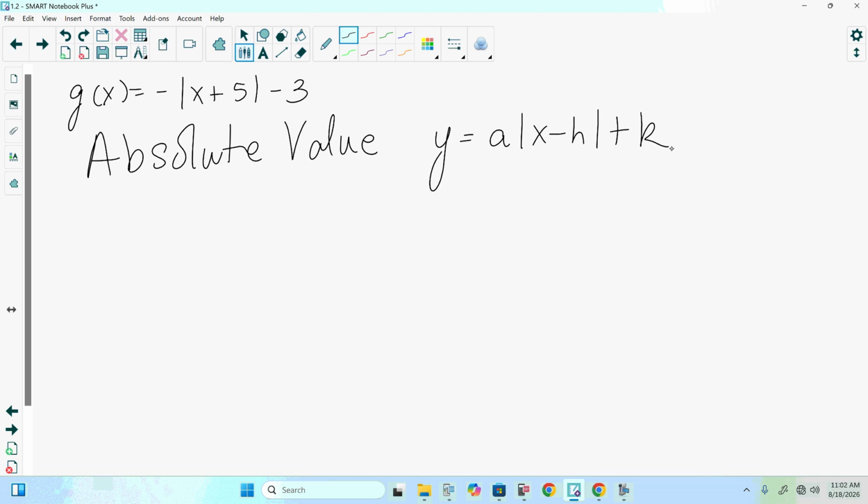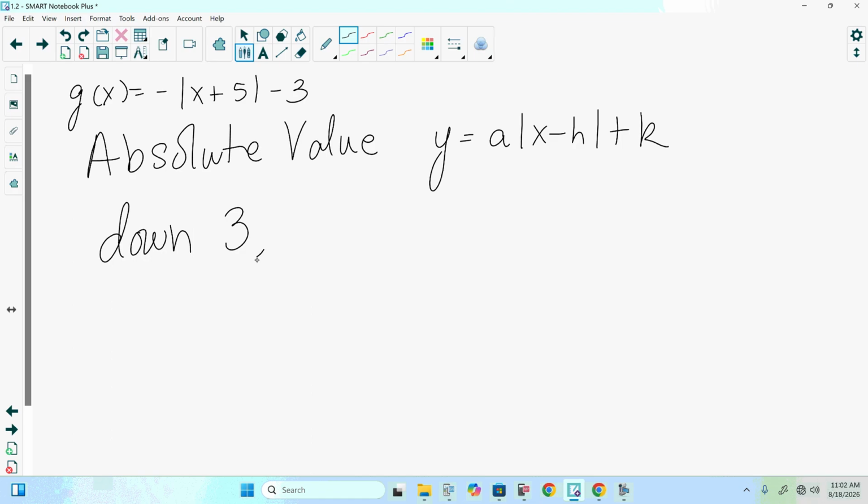Do we have a value for k? Yeah, so that's telling it's moving the graph up or down by how far? Down 3, because it's minus 3. Up and down is nice because it's exactly what it looks like. Since it's negative, it's moving down, and we're moving down 3.